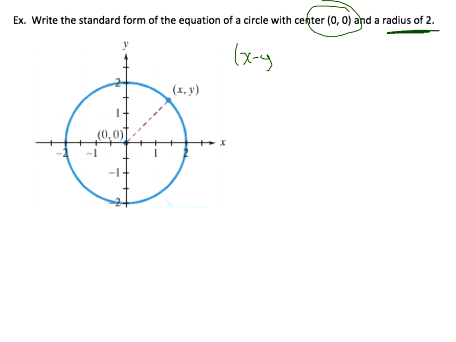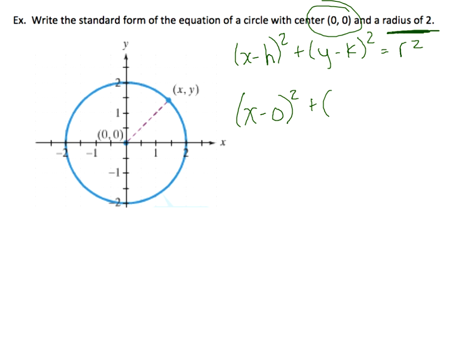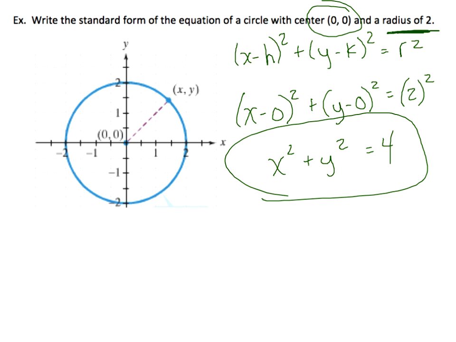So (x minus h) squared plus (y minus k) squared equals r squared. My h is 0, so x squared plus y squared equals 2 squared. So the equation for this particular circle is x squared plus y squared equals 4. There's the standard form that they're looking for.